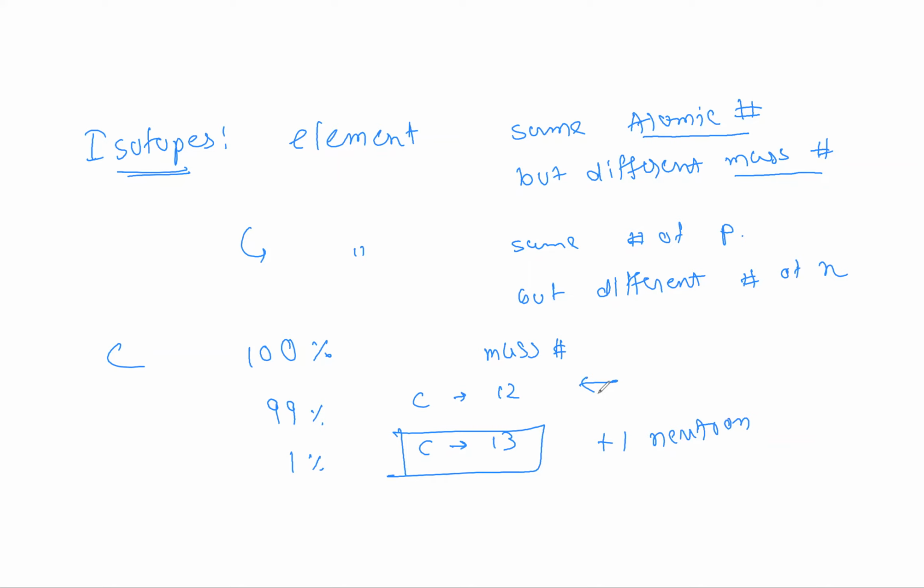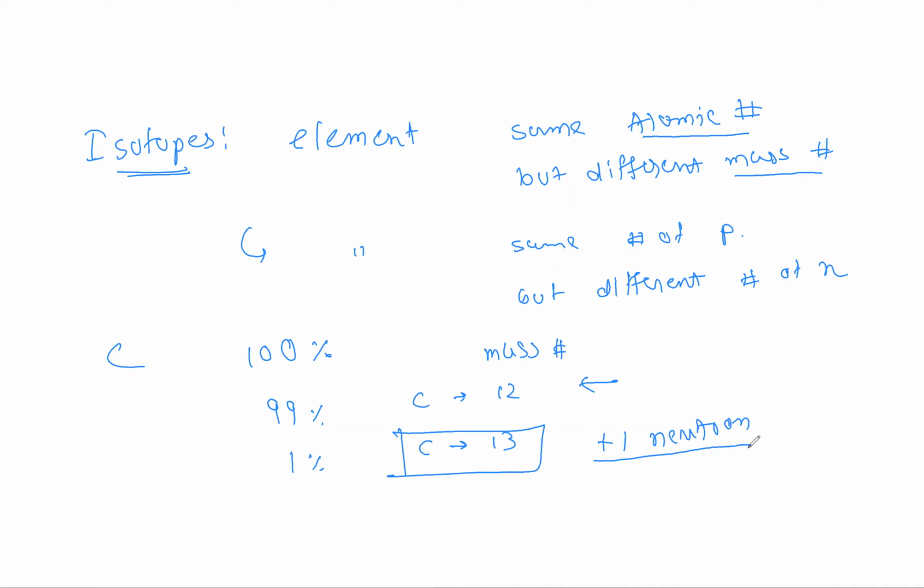Everything other than this is the same. We are still calling it the same carbon. It still has the same properties and works exactly the same, it just has one extra neutron. Do you follow me?